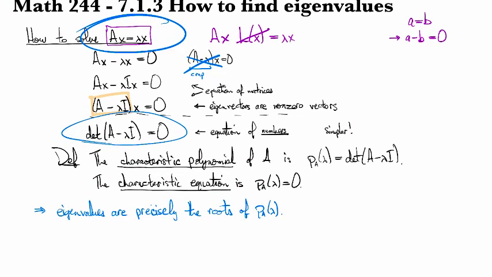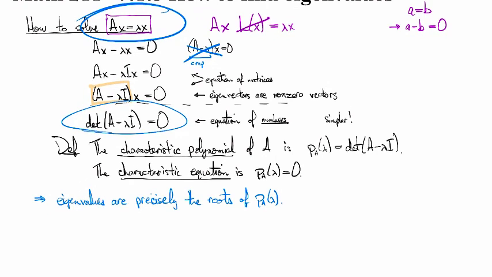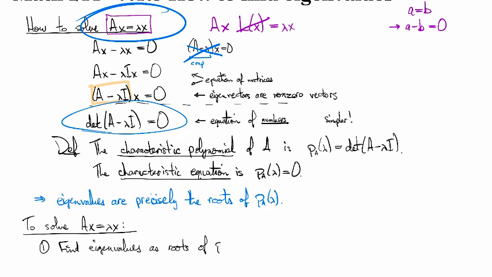So what is the solution strategy? How do we solve this actual equation? What we do is find the eigenvalues as roots of the characteristic polynomial.